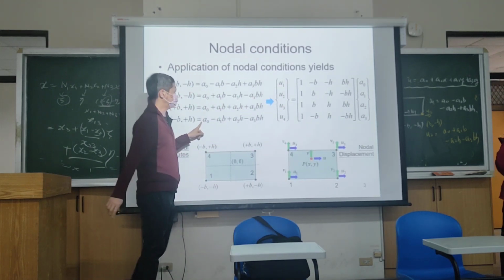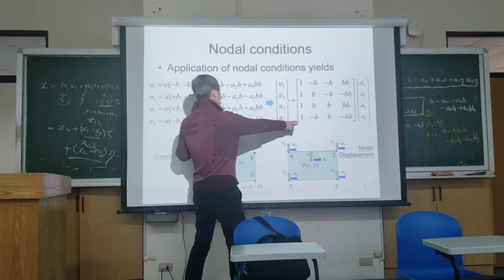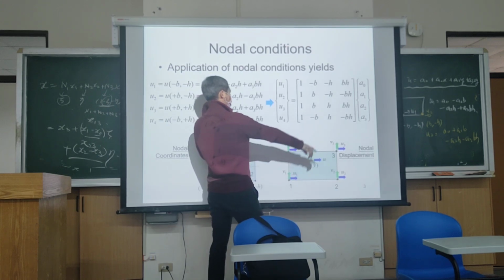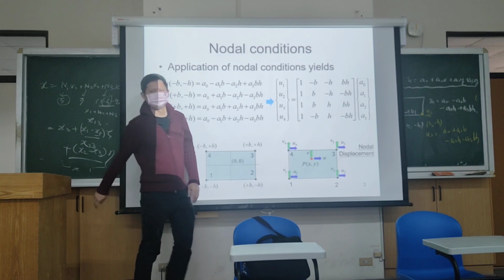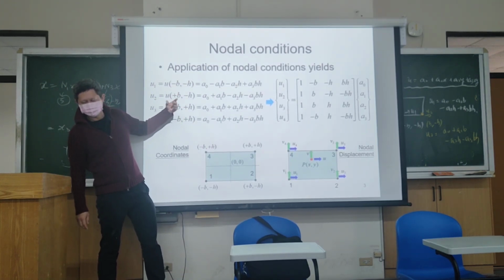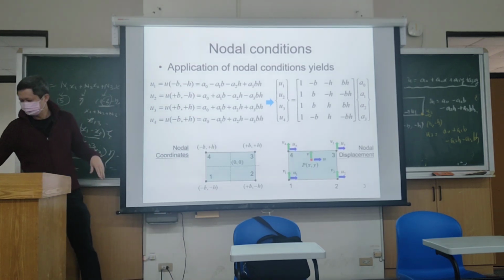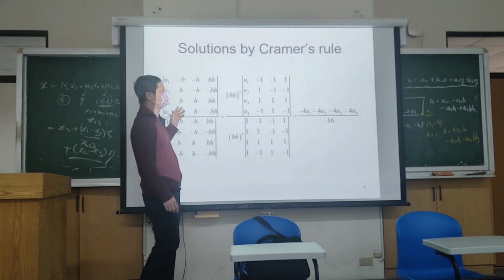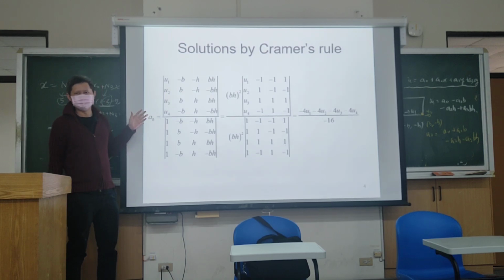And then the last equation, when you transform them into the matrix form, is 1 times a0, minus b times a1, h times a2, and then minus bh times a3. In that way, now you have the 4 simultaneous equations, and you can solve this by Cramer's rule.